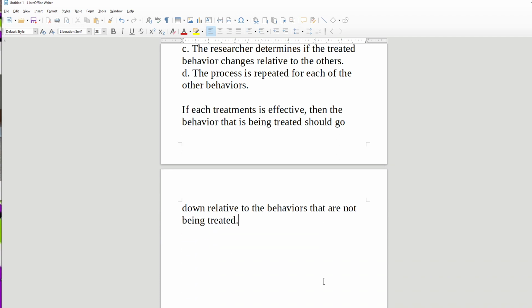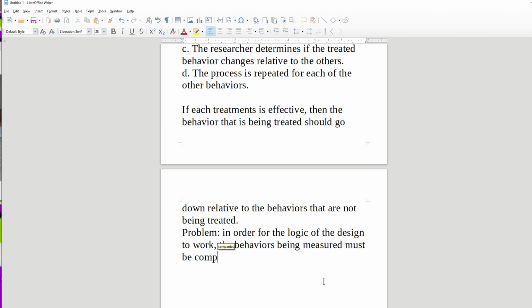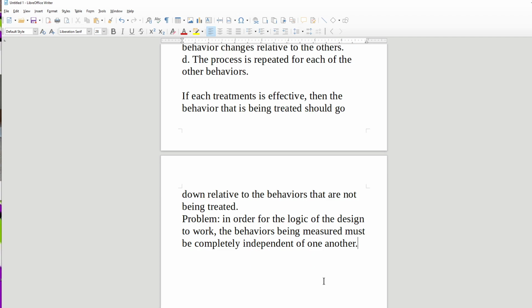So the problem with this one, and it's such a big problem that I think it almost precludes using this in most cases, is that in order for the logic of the design to work, the behaviors being measured must be completely independent of one another, meaning if I affect one, then that doesn't affect any of the others.